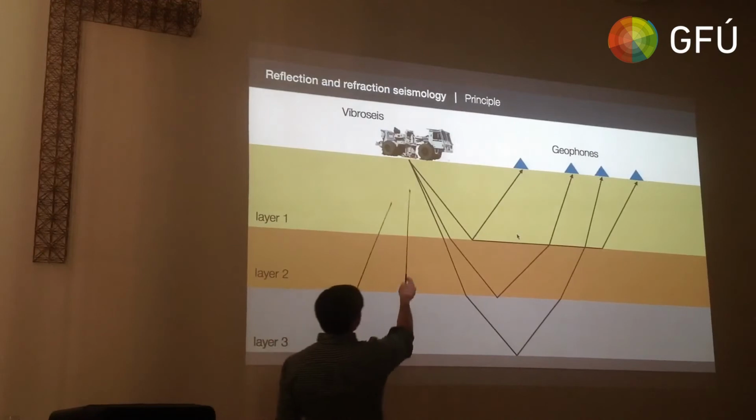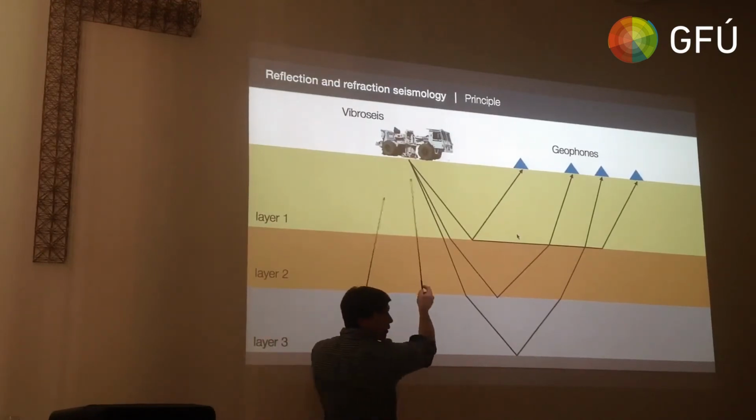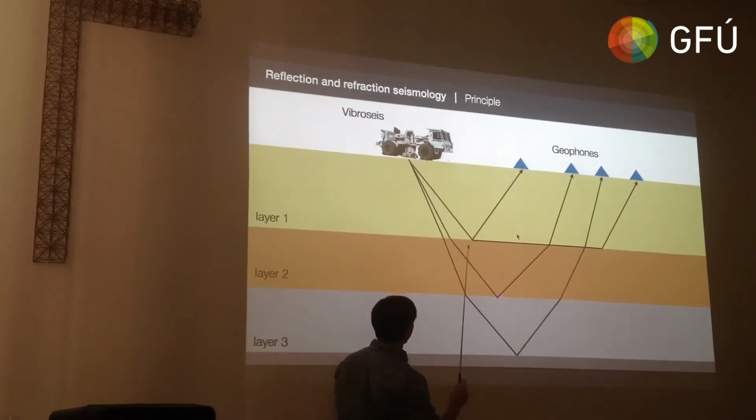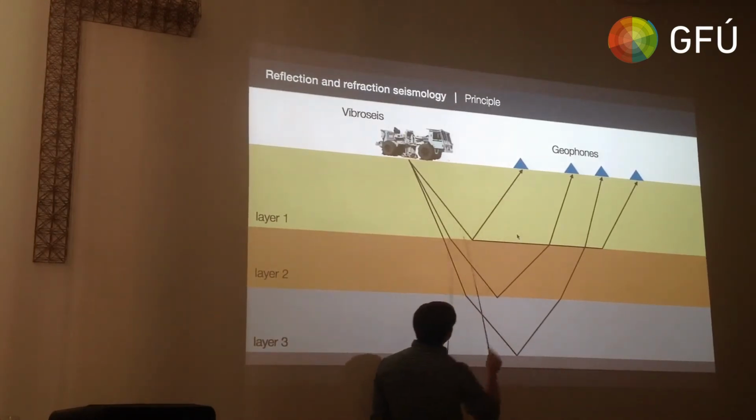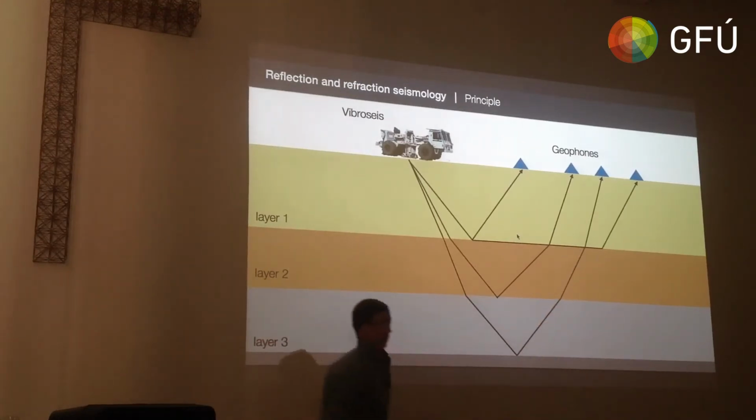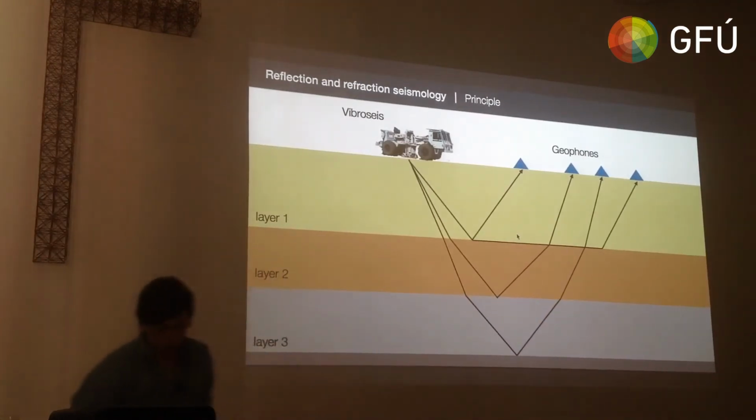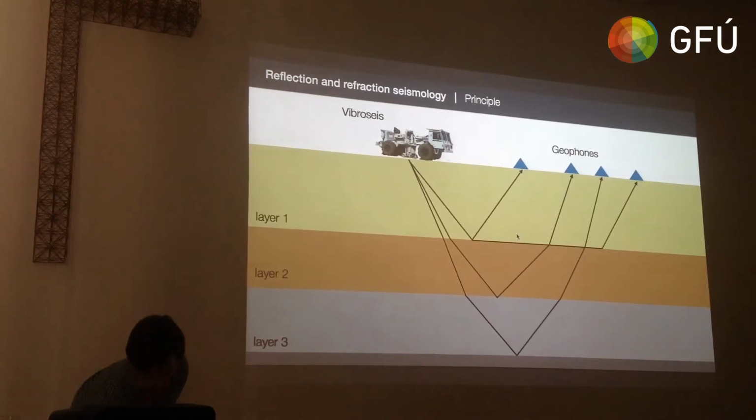So when we have some waves coming, penetrating the ground, it bounces off layers. There are some reflected waves from different boundaries in the Earth. There are some refracted waves that can travel longer distances, but they are smaller amplitude, of course.